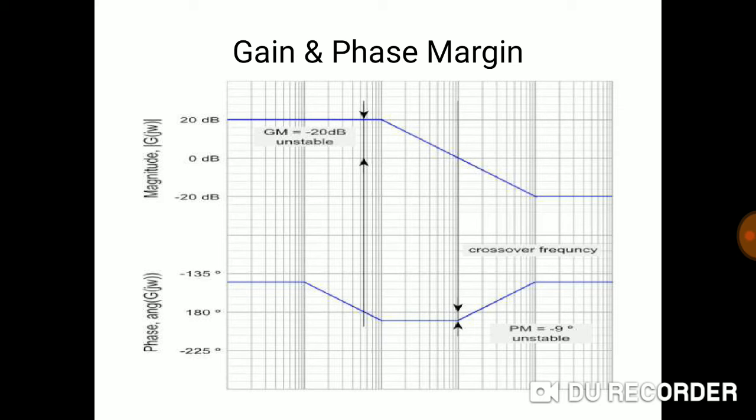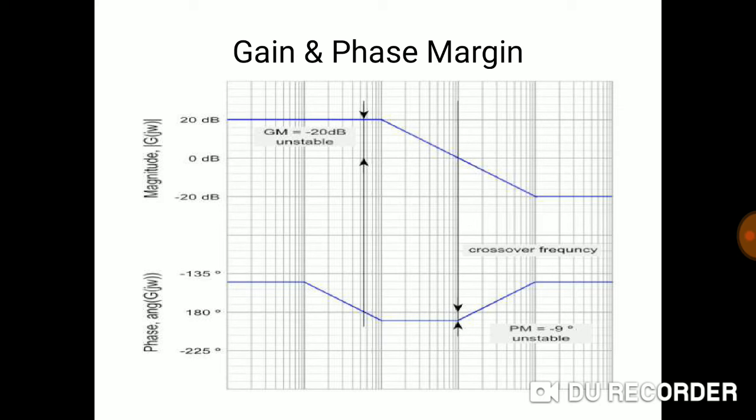Here the blue line is the magnitude plot for a given transfer function. Later in the example, we will discuss that. Then, if I want to find out the gain margin, what am I supposed to do? Wherever the phase angle is at the 180 degree line, we have to draw a vertical line.